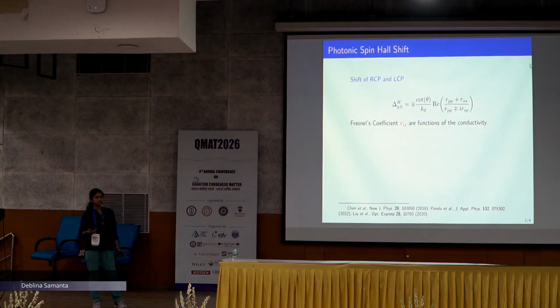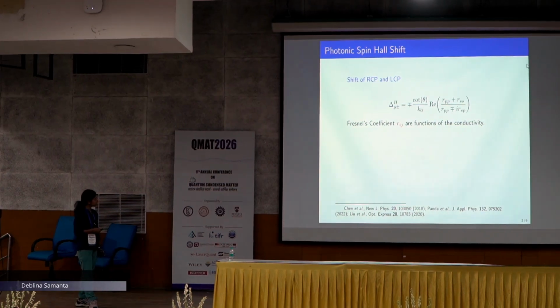So far people have been trying to distinguish between different topological phases with this plus and minus circularly polarized shift, delta y plus minus h, but people could not find a significant signature to distinguish between those phases.